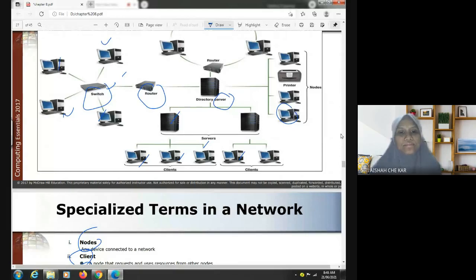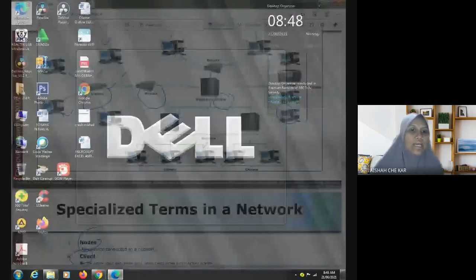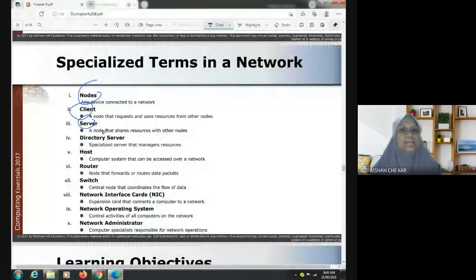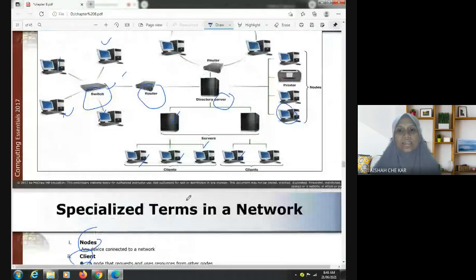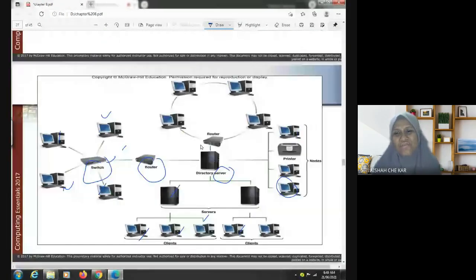Okay, but server pula adalah, server is in our Malay word pelayan lah. So this server provides, macam apa ya, in other words management lah, a manager that has the responsibility to serve any request from other devices.